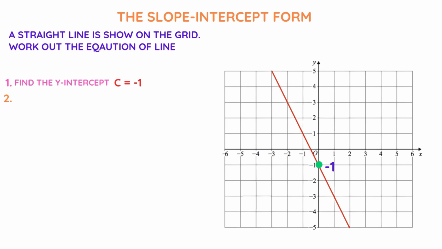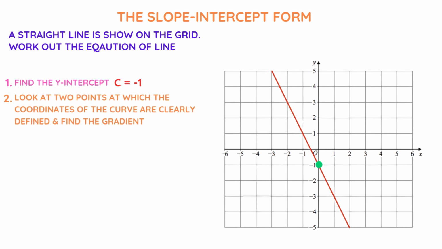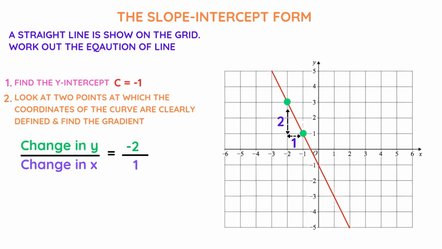For the second step, we are going to look at 2 points at which the coordinates of the line are clearly defined. Let us take these 2 points. Between these 2 points, the y is decreasing by 2 units and the x is increasing by 1 unit. So change in y is negative 2 and change in x is 1. It means the gradient of the line will be negative 2. It means this line will be represented by the equation y is equal to negative 2x minus 1.